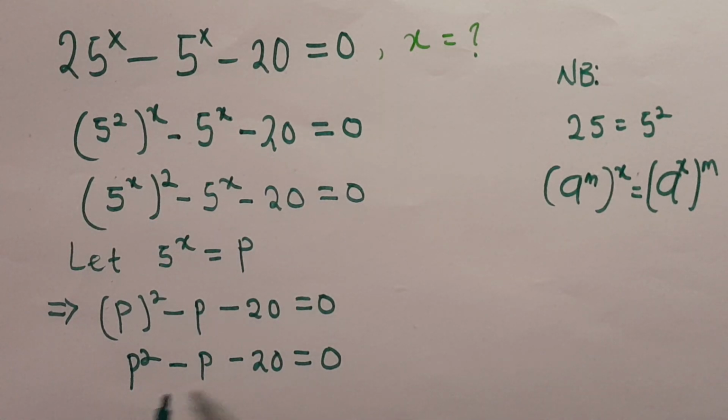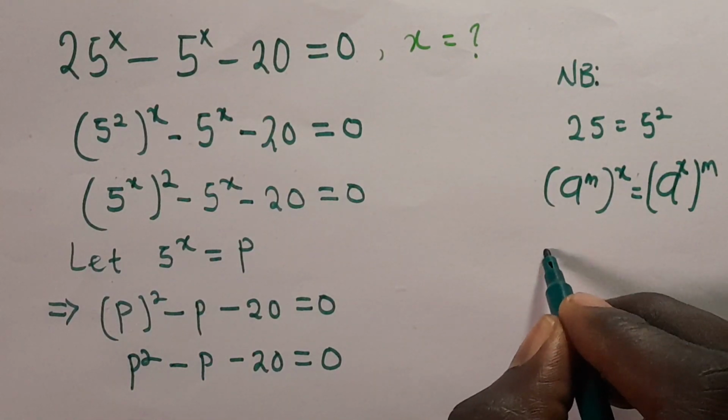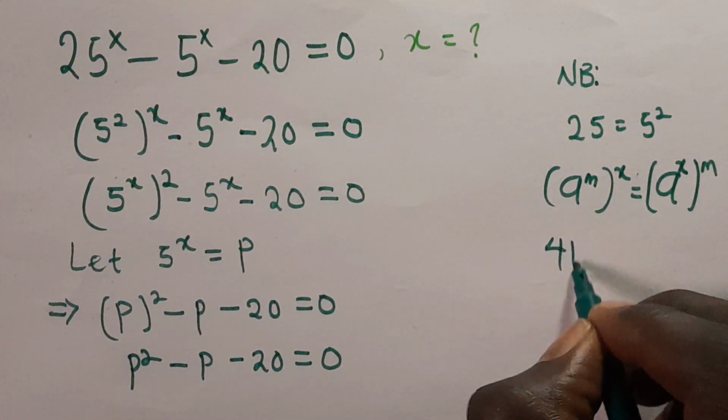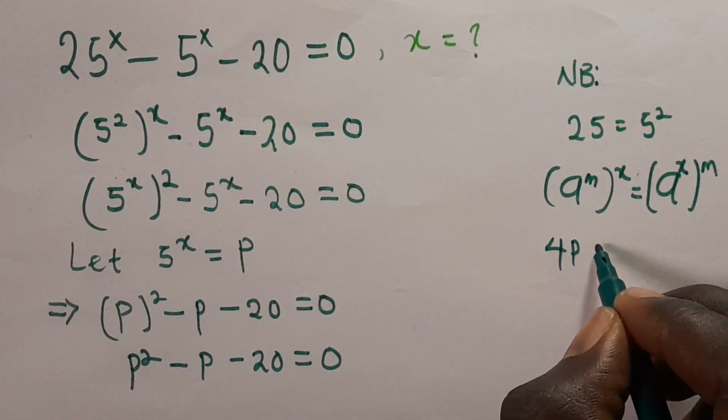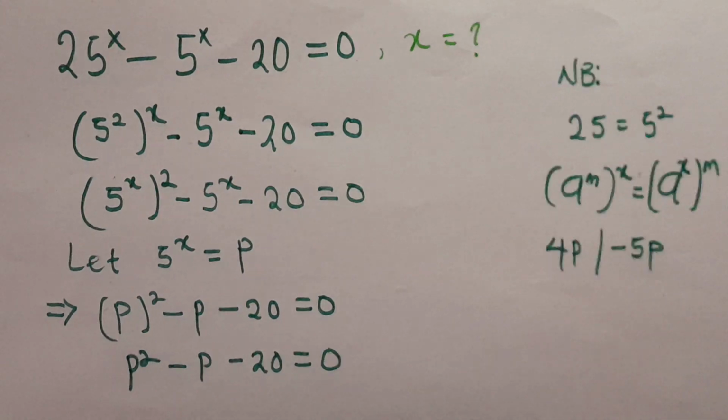So now from here, we think of two numbers that when we multiply them together, it will give us minus 20, and when we add them together, it will give us minus p. So it will be 4p and minus 5p.